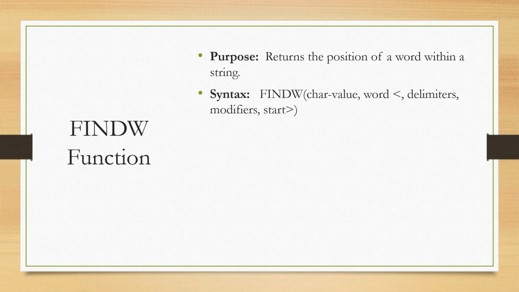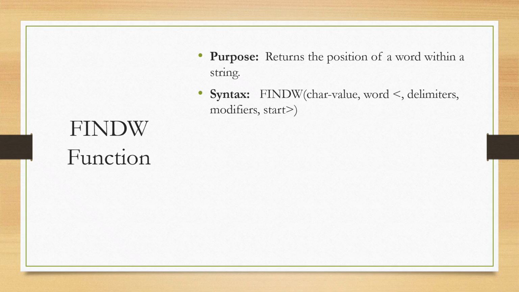Delimiters specify values to be used as delimiters, whereas modifiers is an optional argument that contains the search conditions, such as if you want to ignore the case, then you will use the modifier I. If you supply a modifier, you must also supply a delimiter.